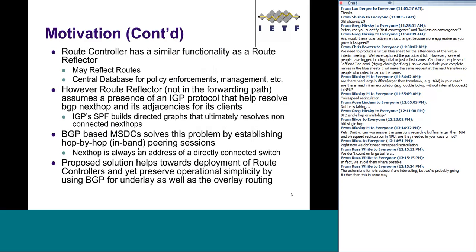A route controller, in some sense, has functionality that is fairly similar to a route reflector, in the sense that it may reflect routes, and it may act as a central database for policy enforcement and management. However, a subtle difference with a route controller, compared with route reflectors, is that route reflectors typically assume the presence of an IGP to help resolve non-connected BGP next hops.